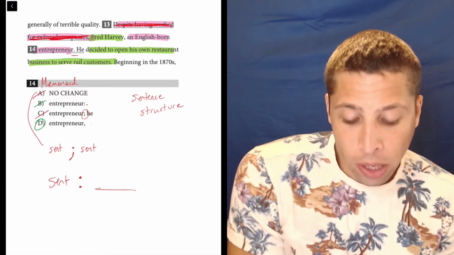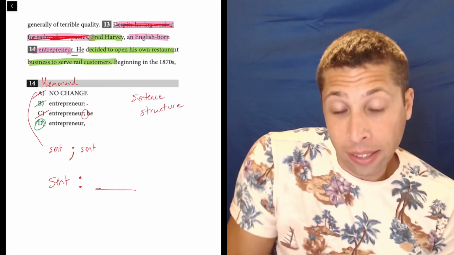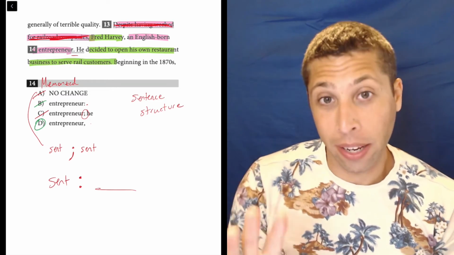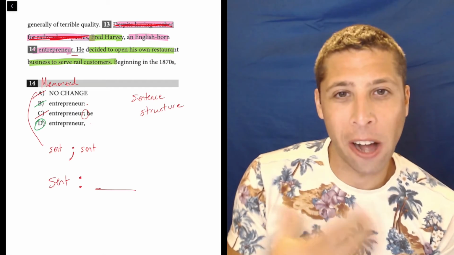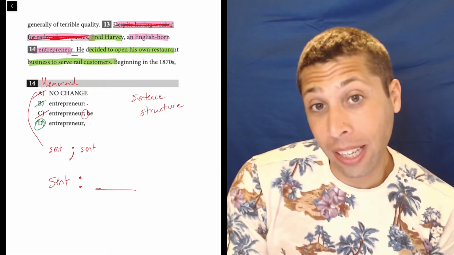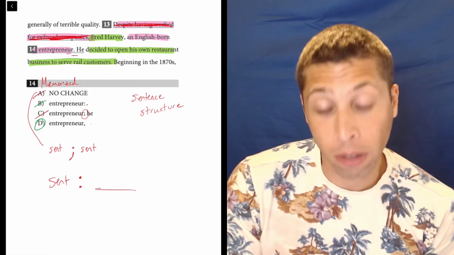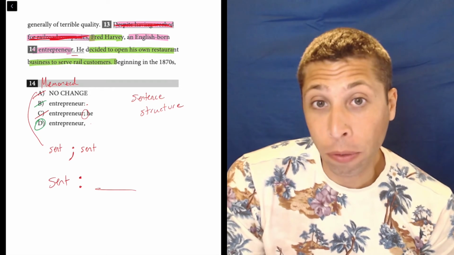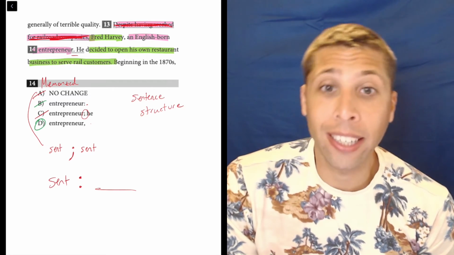So an English-born entrepreneur is this little extra thing. It's kind of like an appositive. There's a whole other section I do on appositives in my study guides, but here we're dealing with the appositive on top of the other advanced punctuation. It's basically a description of what Fred Harvey is, who he is. He's an English-born entrepreneur. It's helpful for me to understand the sentence, but grammatically it's not necessary.